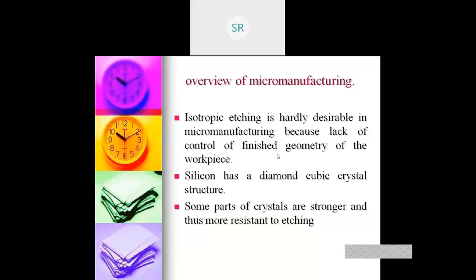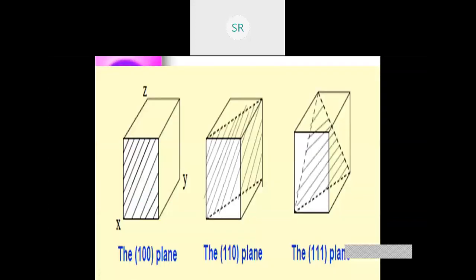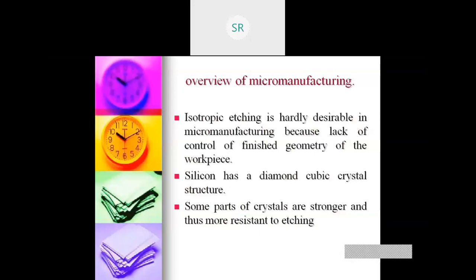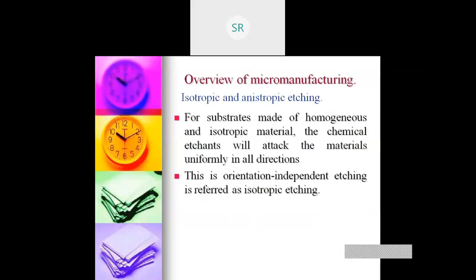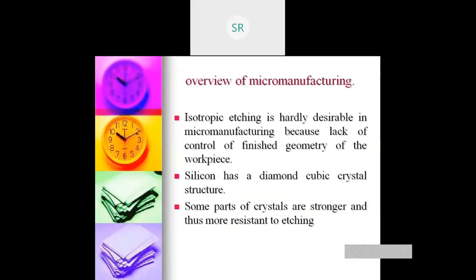That means sometimes some part of the desired component may be removed during the etching process. So for that, I have to go for a particular orientation. Which orientation is preferable?